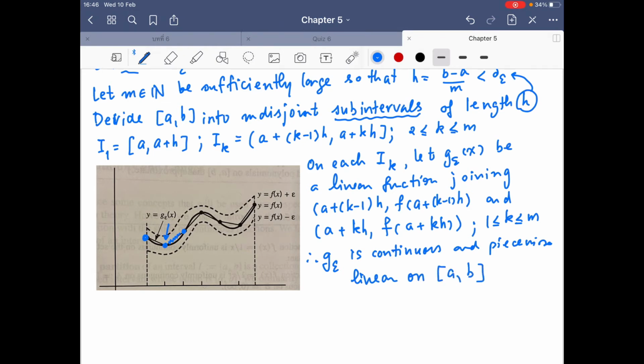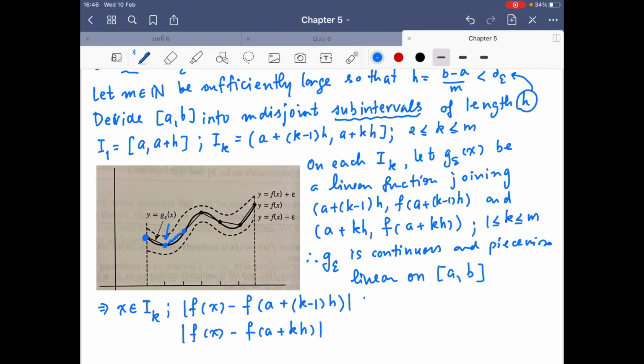And in addition, if your x is in each subinterval, then f of x minus f at the left end, and f of x minus f at the right end, the distance between them.